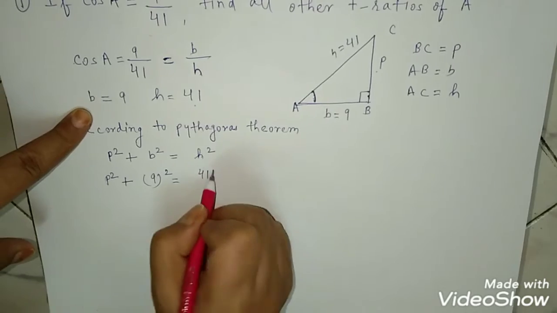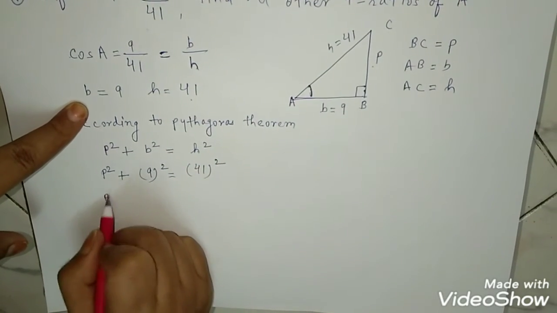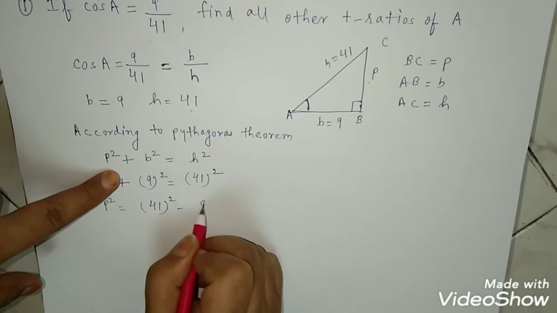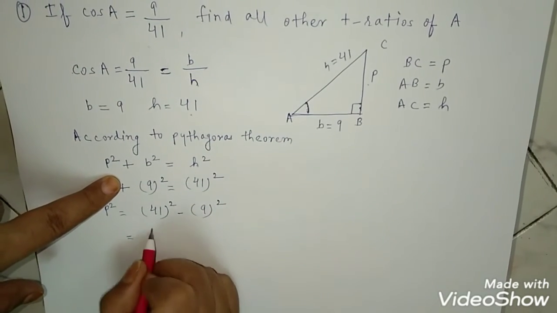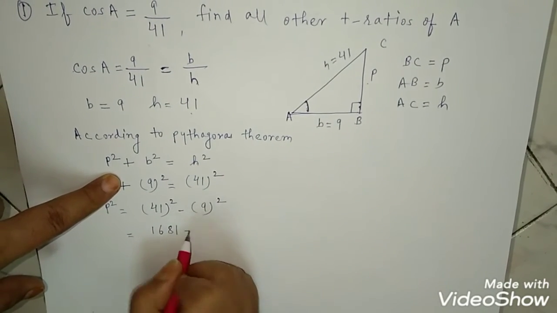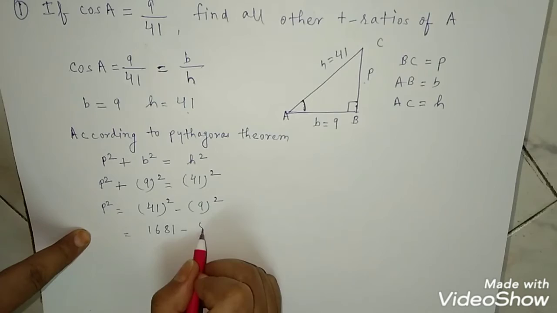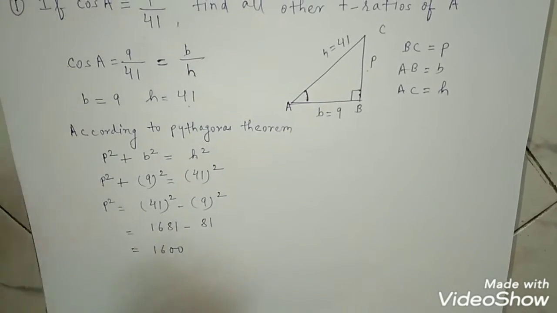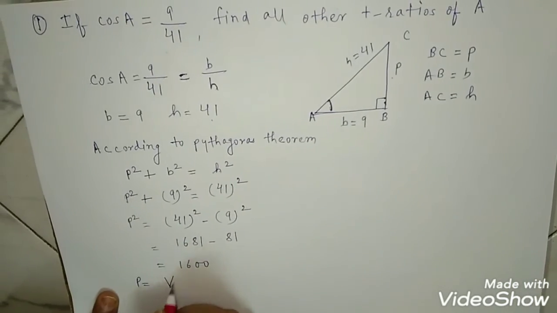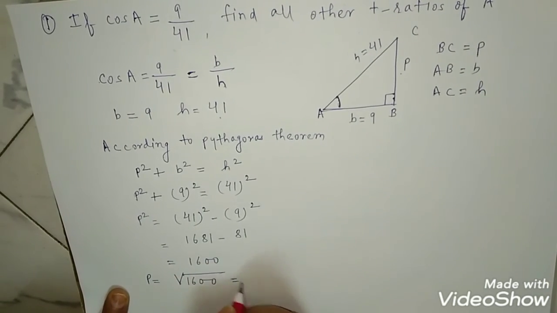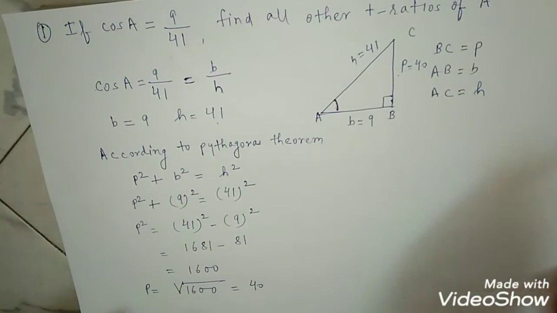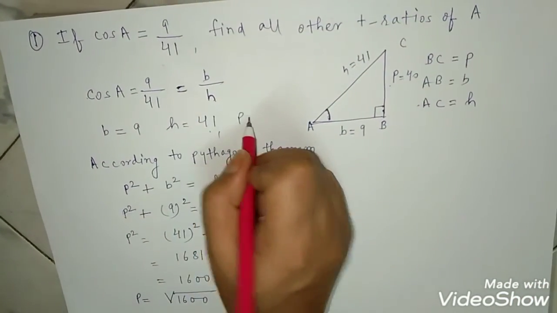Hypotenuse is given, 41 square. So we can take this to the other side. 41 square is 1681. 9 square is 81. Hence P is root under 1600, which is equal to 40. So we got 40. Now we know all the three sides.